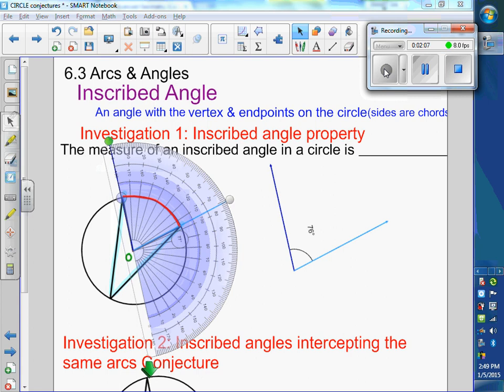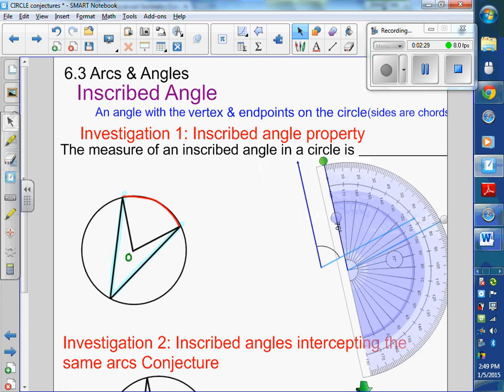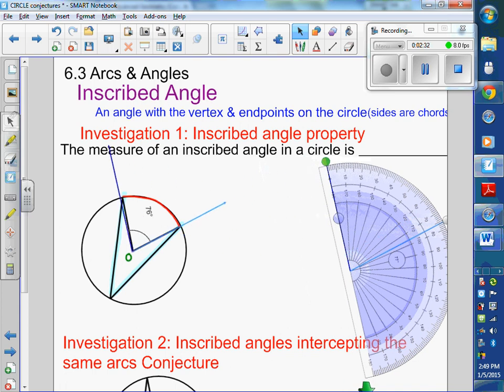It might even be a little closer to 77 degrees, because I think I didn't have it quite in the right place the first time. So 76 is what it's saying there. When I move that protractor, just so you can see what I'm looking at, this angle here is 76 degrees, which means this arc in red is 76 degrees.